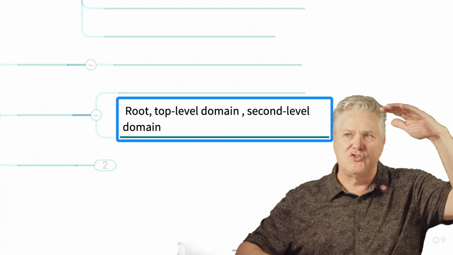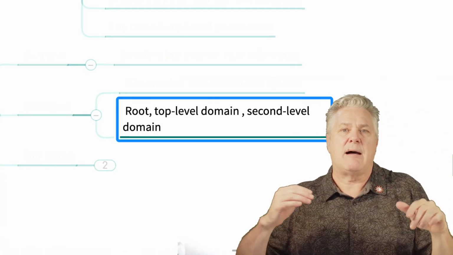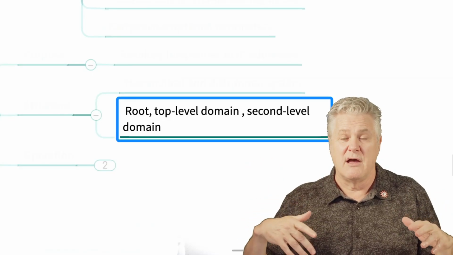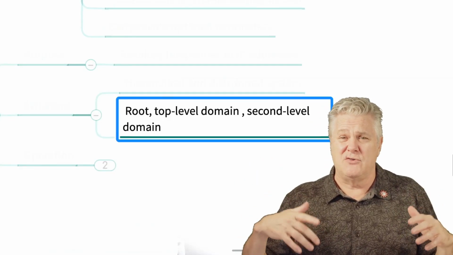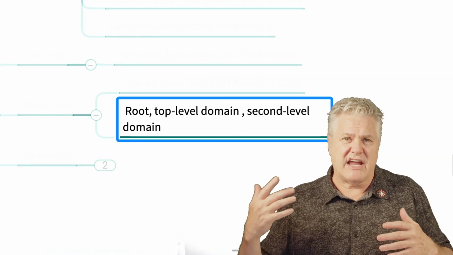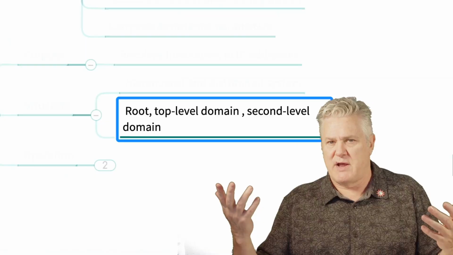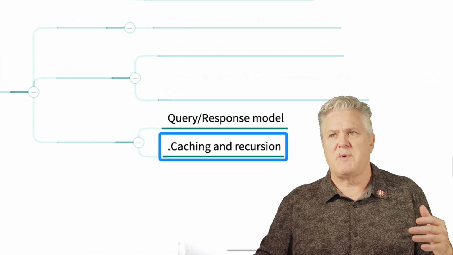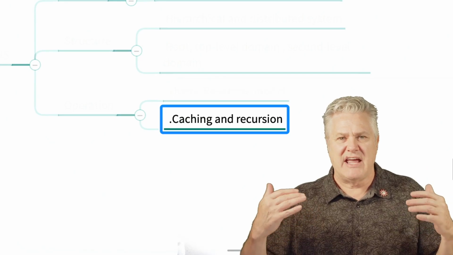That would be your root domains, which are the dot, the top level domains, of which there are now hundreds, but it used to be .com, .edu, .mil, and then all the countries. And then the second level domains would be something like expandingsecurity.com. Operationally, it uses a query response model, and it does caching and recursion.